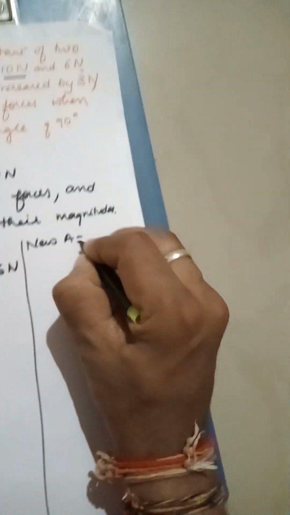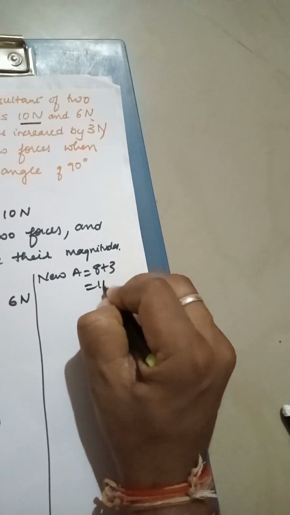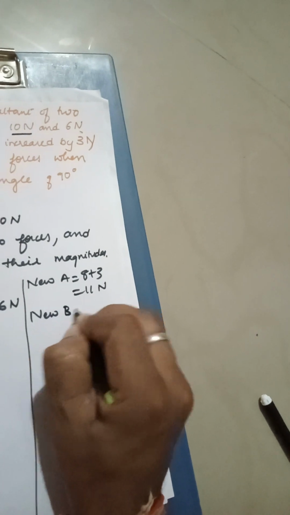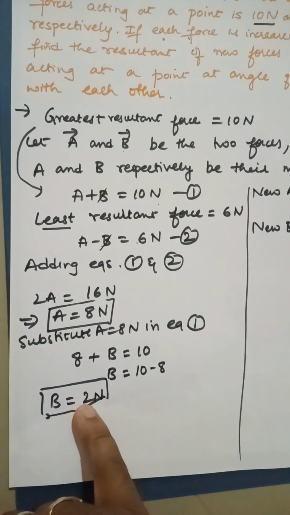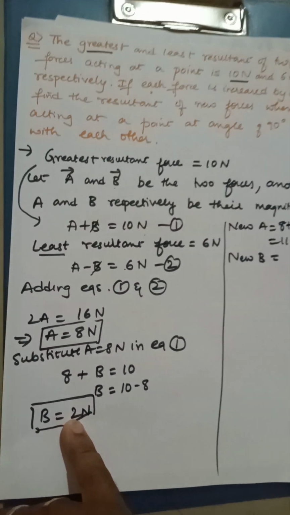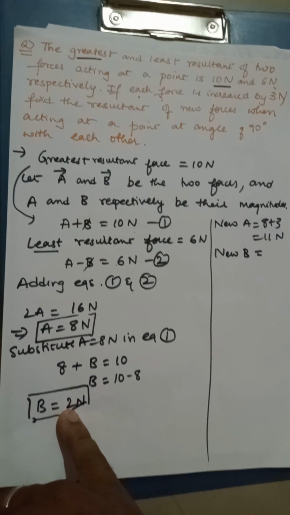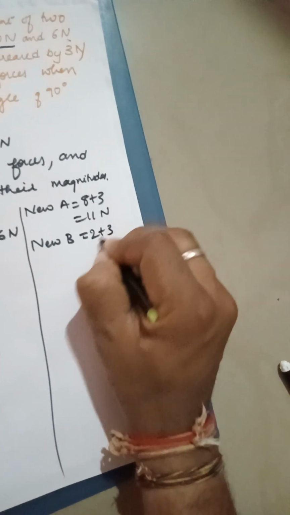After increasing it by 3 newton it becomes 8 plus 3, 11 newtons. Similarly, new B was 2 newtons before, now it is increased by 3 newtons. So 2 plus 3, it will become 5 newton.